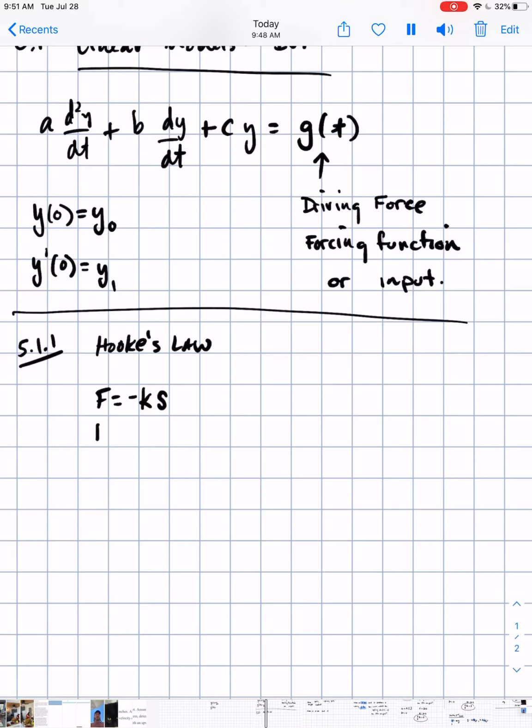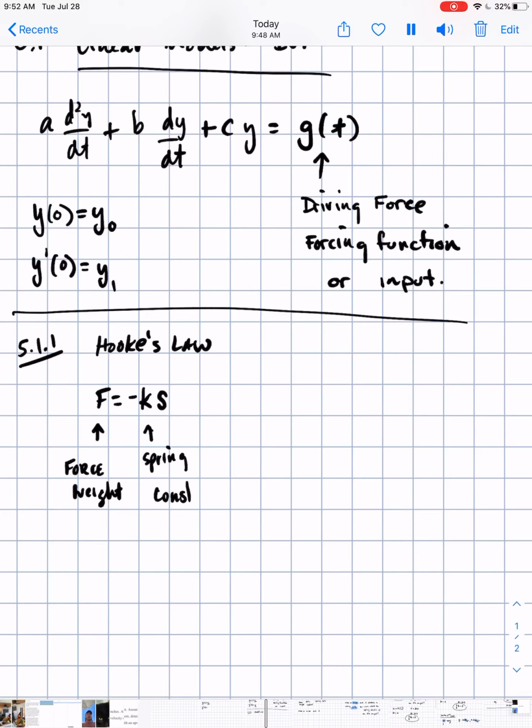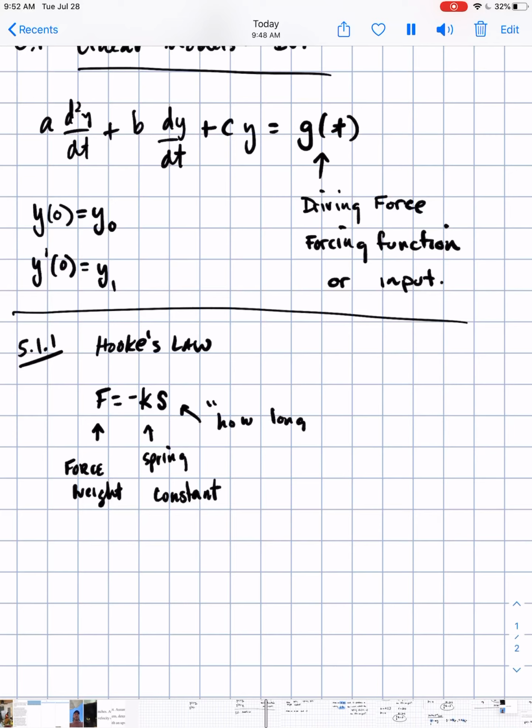So some weight or force, think of a weight, spring constant, and s is how long it gets, right? If you stretch something so long, what weight will be at. So how long the spring gets.